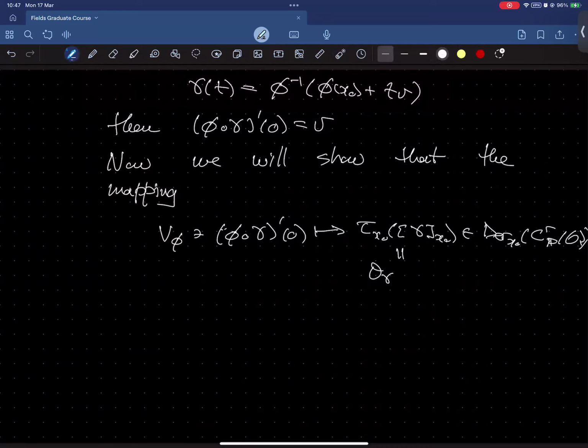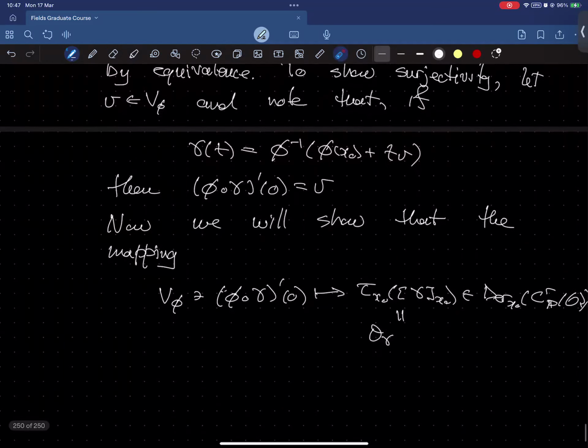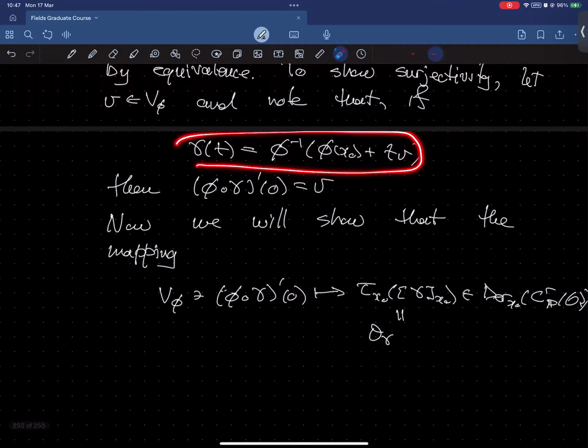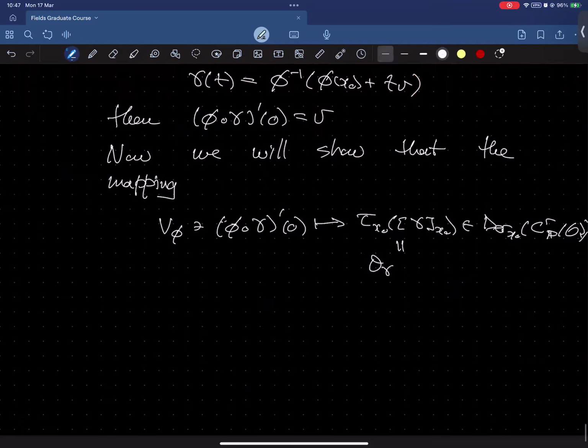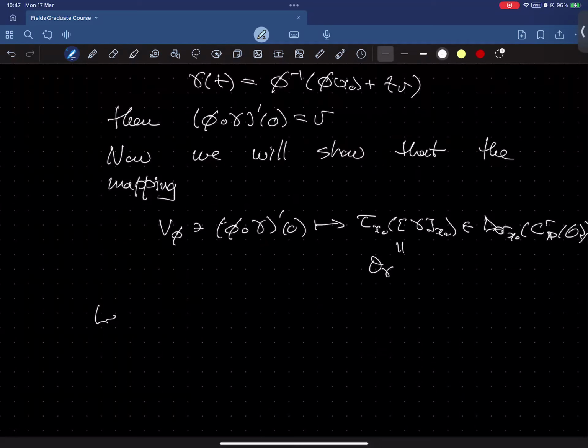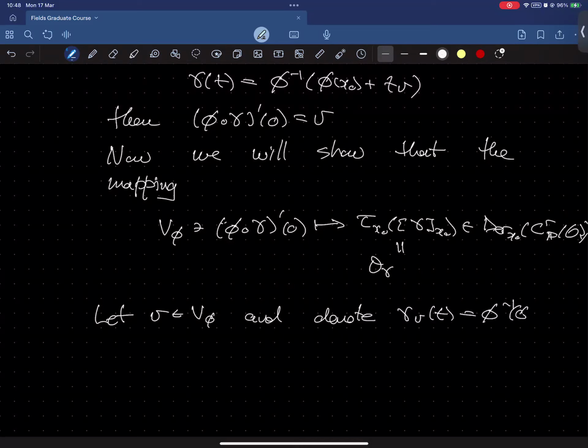Okay, so let's look at additivity. First of all, let me introduce some notation, and the notation here is really coming from here. So let V be in V phi and denote gamma V of t to be phi inverse of phi of x naught plus tv.